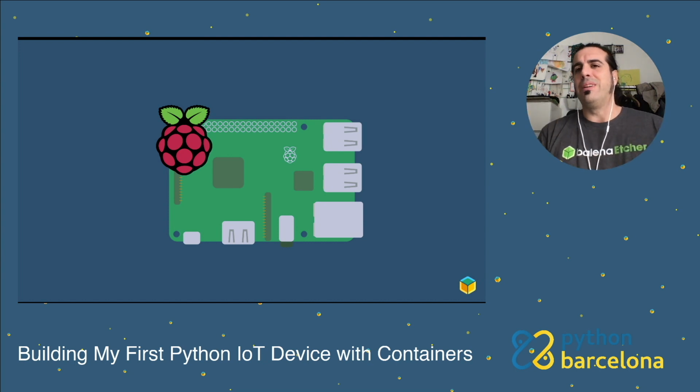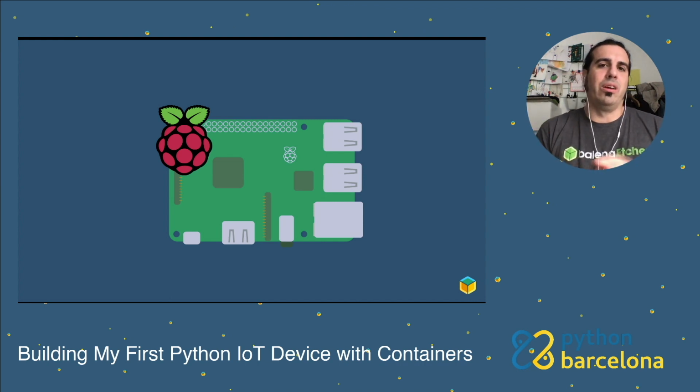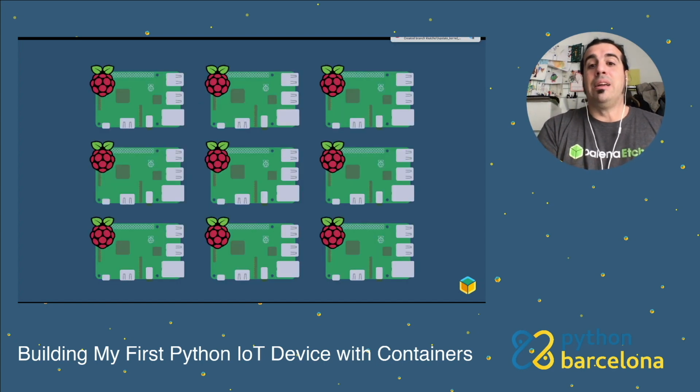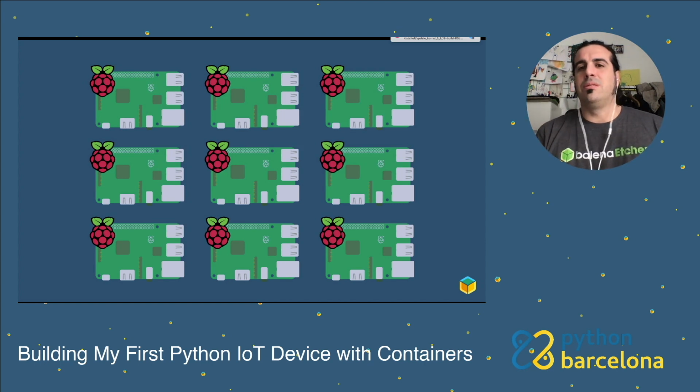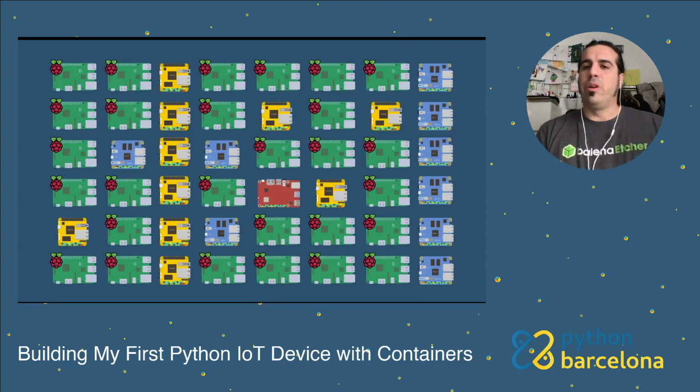You will spend a couple of hours doing Raspbian from zero, from opening the box of a Raspberry Pi till you get that code running on it. What I'm going to show you will be done in less than 10 minutes. And not only that, you can then use it on 9 devices or even more.